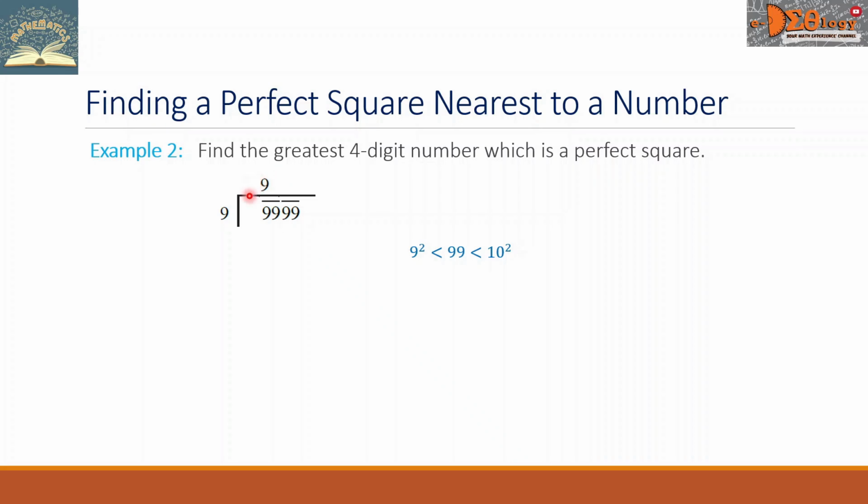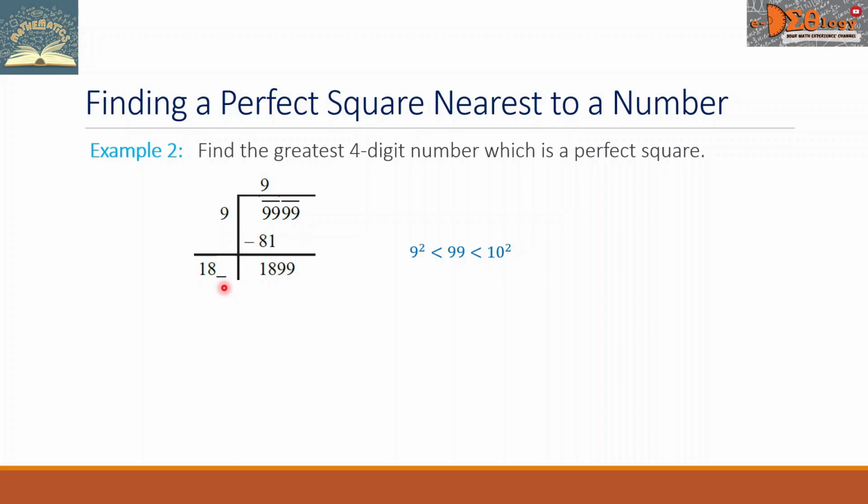We multiply 9 by 9, so we have 81. And when we subtract, the answer is 18. We bring down now the 99. So the new dividend is 1,899. Next step, we double this number 9. It becomes 18.